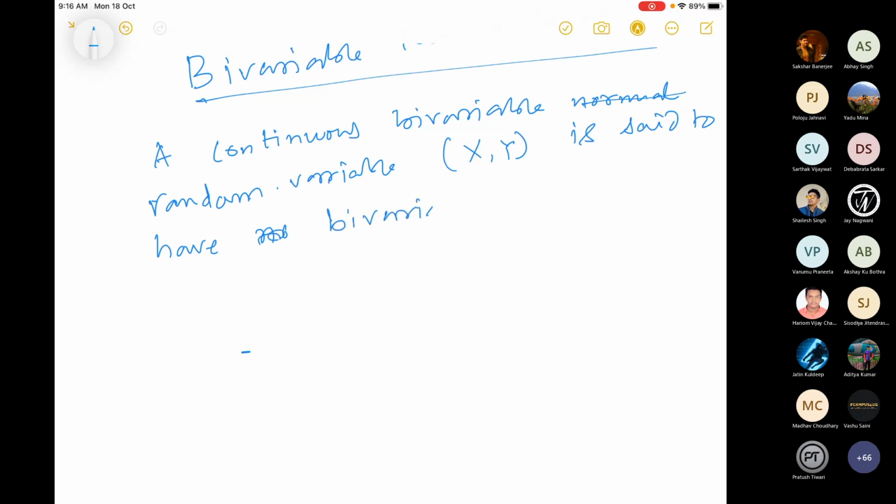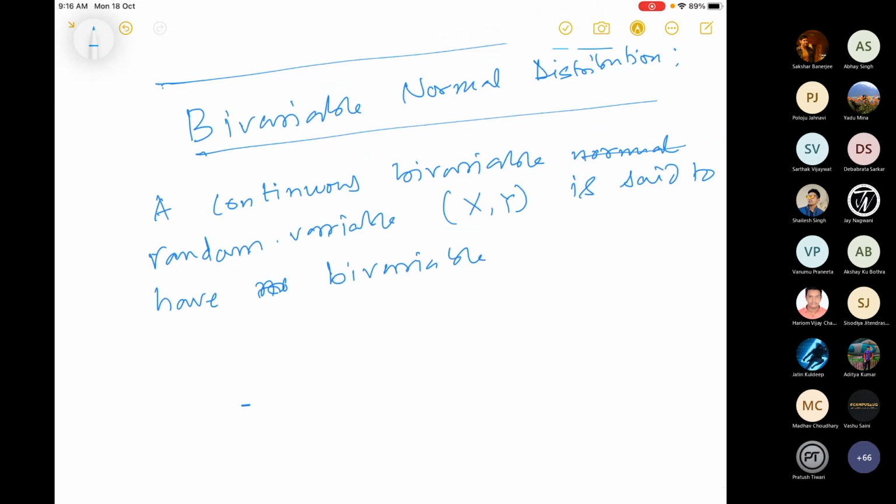In fact, if you do any course in regression, high dimensional probability, or multivariate statistics, it can be defined also for x1, x2 up to xn. Here we are talking about a pair, x comma y. But you can have n random variables and talk about the joint PDF of that n-tuple. When can it be called normal? So this is the bivariate normal.